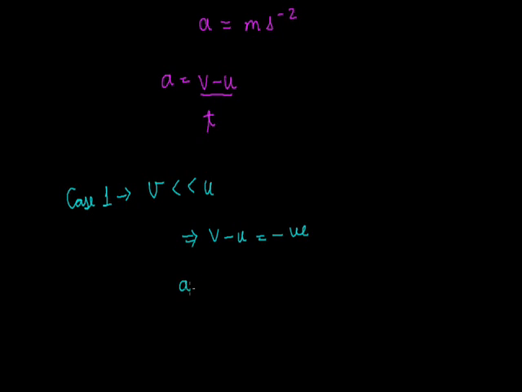Means at that time the acceleration which we will be getting will be negative. So whenever we get negative acceleration, or whenever final velocity is less than initial velocity, it is known as retardation. Means the body of which we are talking is retarded.